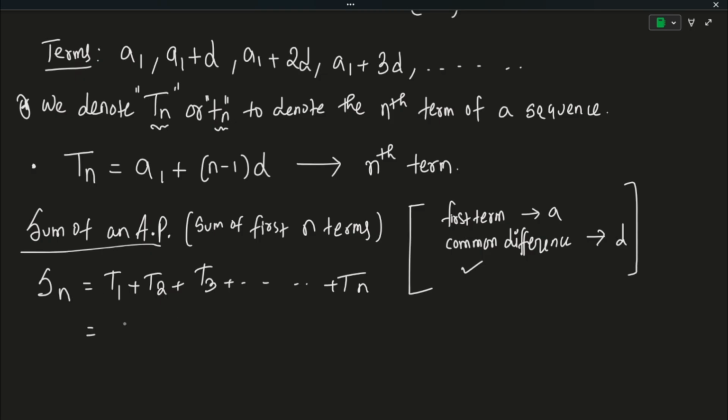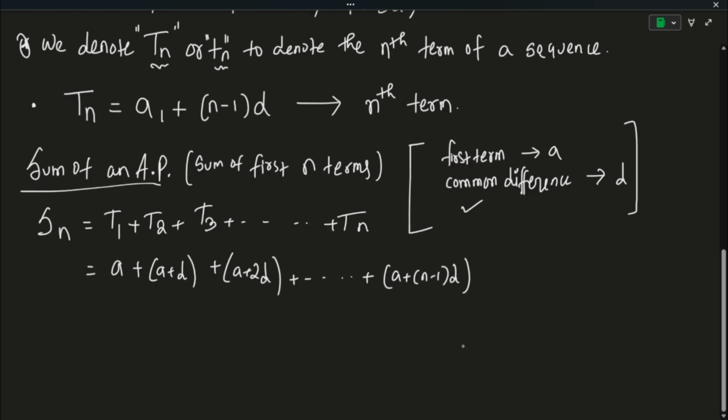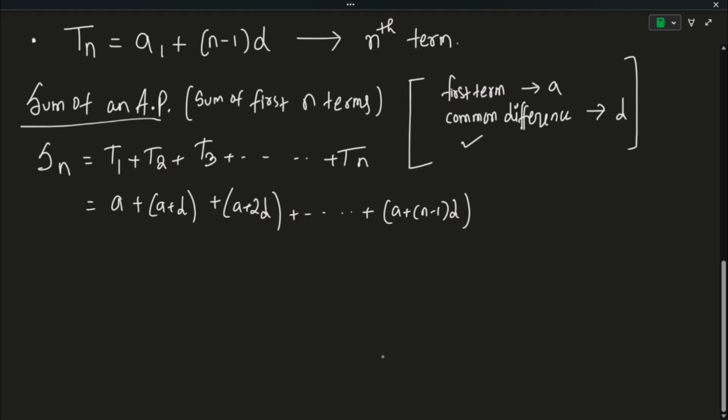So what is T1? T1 is A, T2 is A plus D, T3 is A plus 2D, right? And let us go up to nth term, which is A plus n minus 1 whole into D. Notice that there are n, the A's are basically n, right? यहाँ पे n terms हैं और n A's हैं, तो आप लिख सकते हो nA. और फिर यहाँ से D स्टार्ट होता है और D के अंदर आता है 1 प्लस 2 और ऐसे करके कहाँ तक आता है n माइनस 1 तक, राइट.